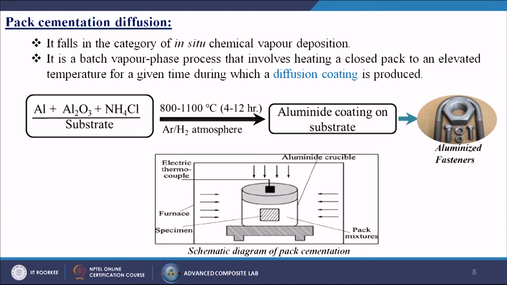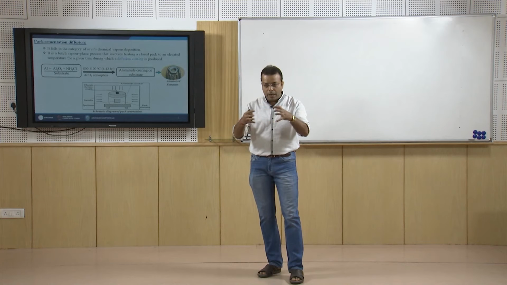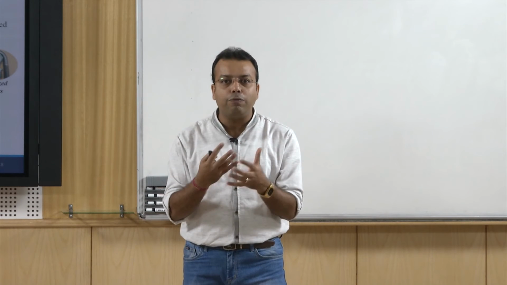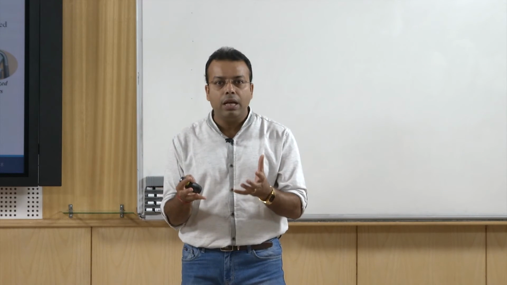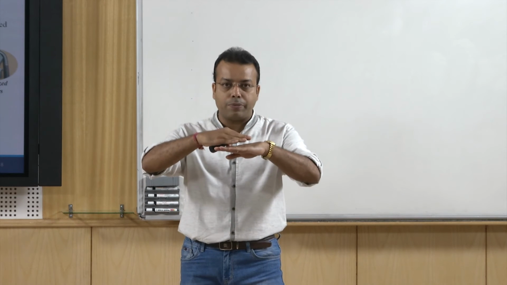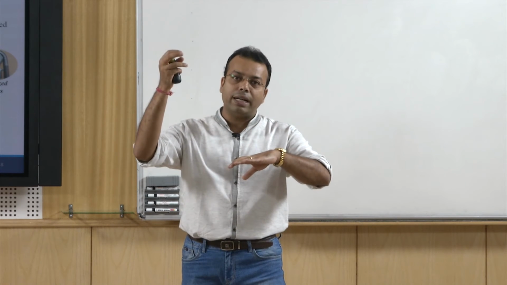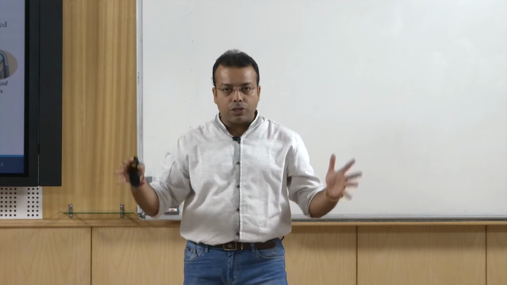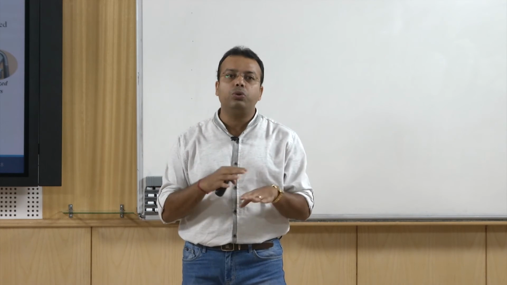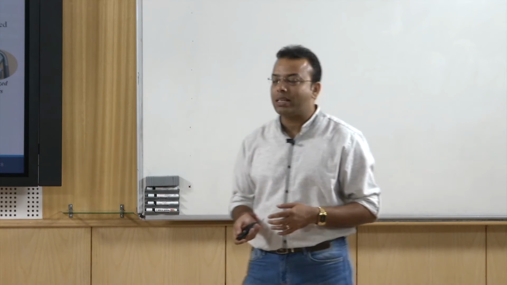That means we are using several materials in packing form, mixing those materials, then keeping them onto the substrate itself, then giving a certain temperature in a controlled atmosphere, by which we do the coating onto your base metal.